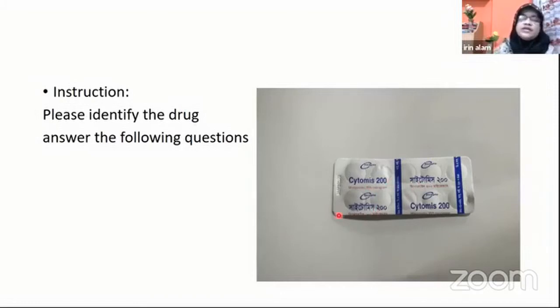It is easily used in a peripheral center, easily used. No injection or no IV can be given. It can be given orally, rectally, or even vaginally.